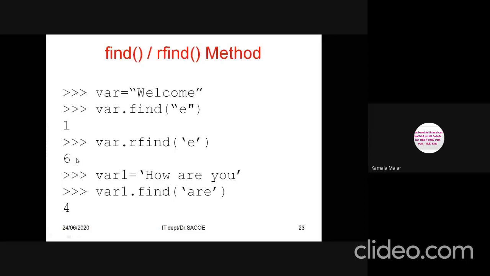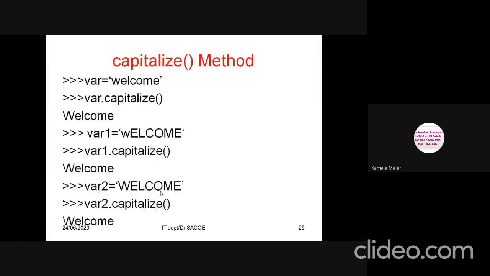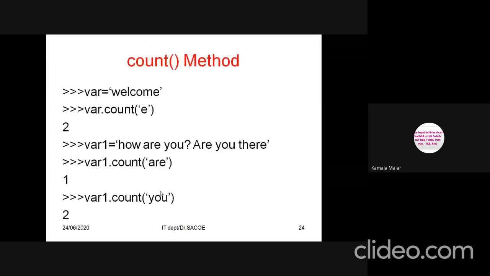So likewise, if you want to find not only a particular letter but whether a particular substring is available or not, we can use those methods. Next, count. Count will count how many occurrences of that particular character there are. In the case of welcome, e occurs twice, so the answer is 2.